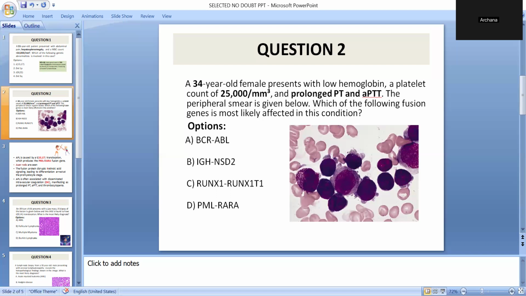So the best possible answer is PML-RARA gene fusion. Why is it important? Because the therapeutic, targeted therapy is affected by finding this particular gene fusion in the patient. So that summarizes acute promyelocytic leukemia.